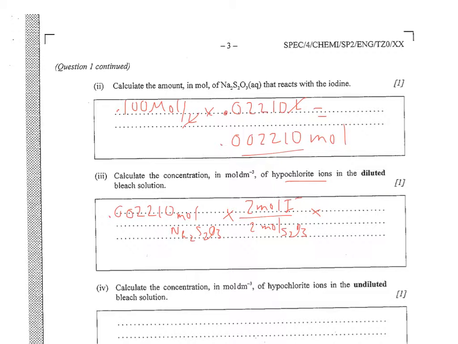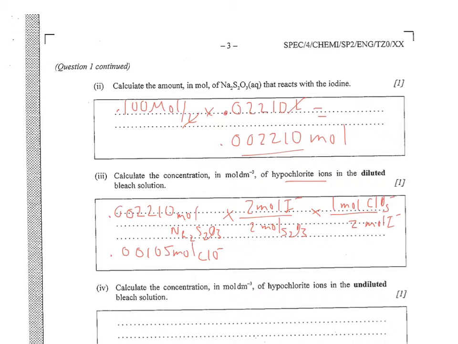And then I see that with the other equation, there's only 1 mole of hypochlorite ions per 2 moles of iodine. So I need to do both calculations to convert my moles of thiosulfate to moles of hypochlorite ions, and that gives me 0.00105 moles of my ClO minus ions.